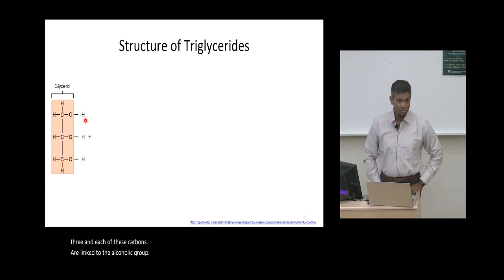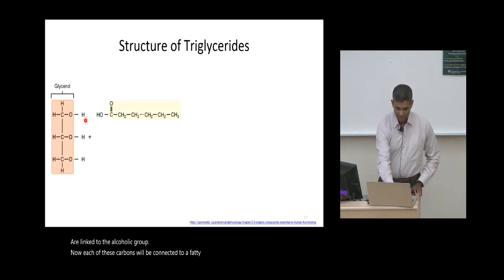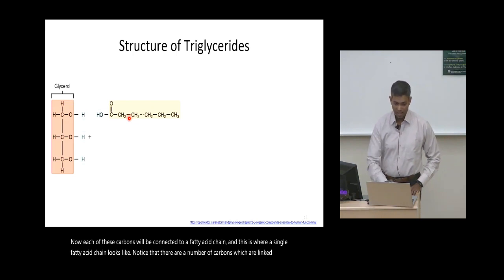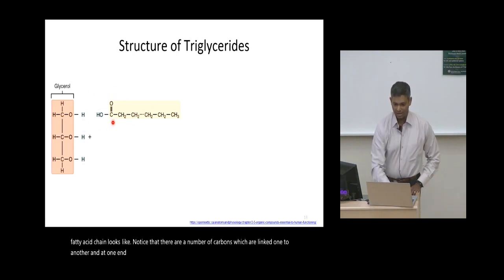Now each of these carbons will be connected to a fatty acid chain, and this is what a single fatty acid chain looks like. Notice that there are a number of carbons linked one to another, and at one end you have this carboxylic group shown right here.